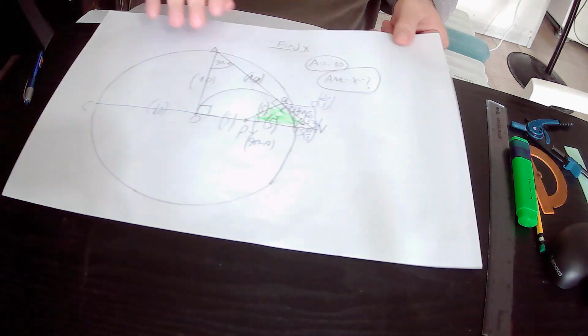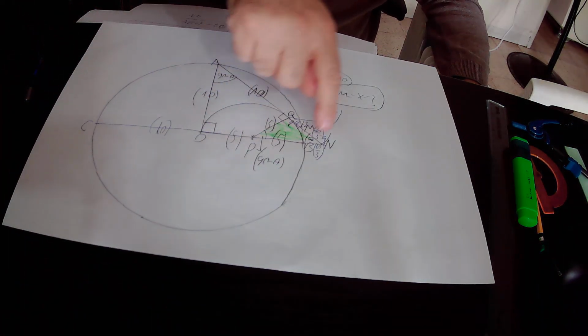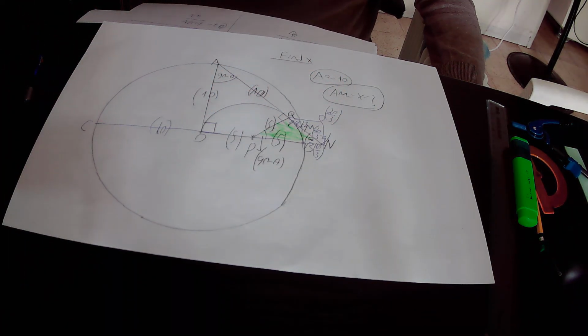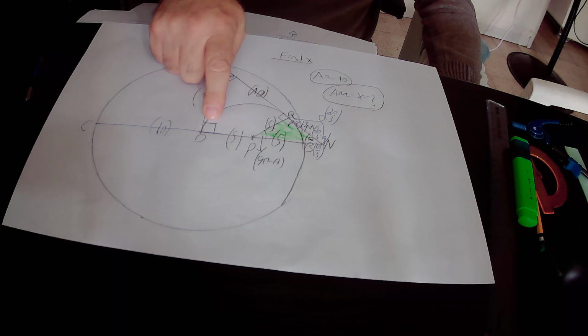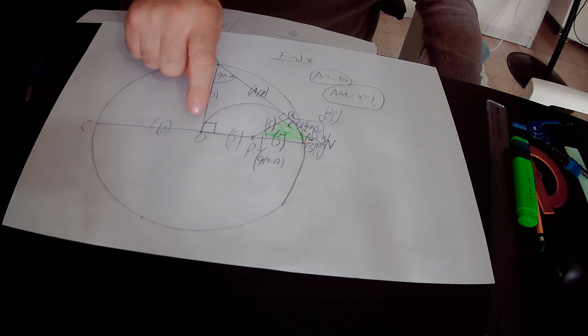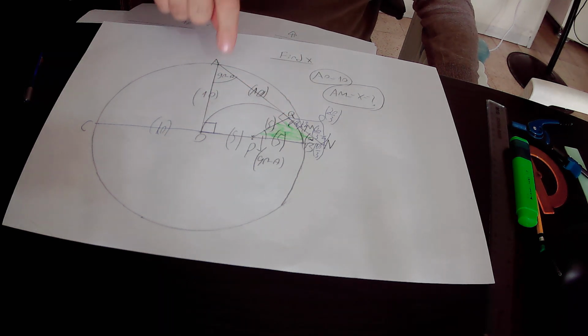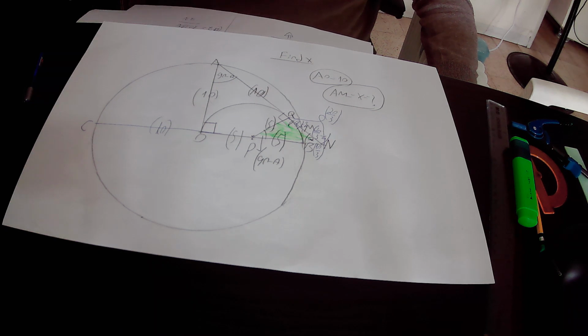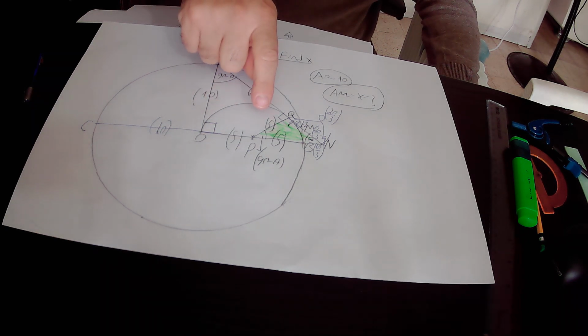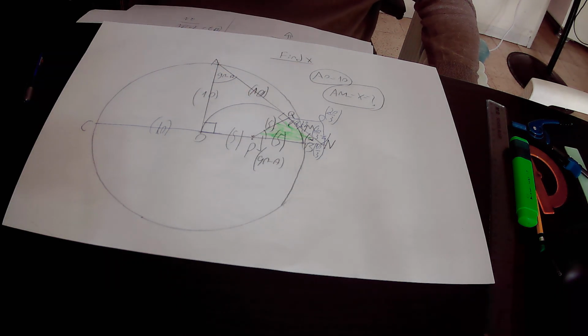So first of all, AOB is a quarter circle, therefore this angle must be equal to 90 degrees. And sides AO and OB are both the radii of this quarter circle, therefore they are equal to each other. But AO equals 10, therefore OB must also equal 10 because they are both the radii of this quarter circle.